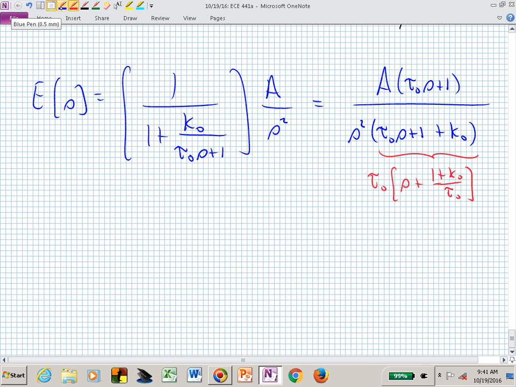What's the expression for little e of t look like in the time domain? Do you know what pieces make that up? And by that I'm saying, hint, hint, partial fraction expansion. What's the partial fraction expansion of E of S look like? My denominator is S squared times tau naught S plus a pole.